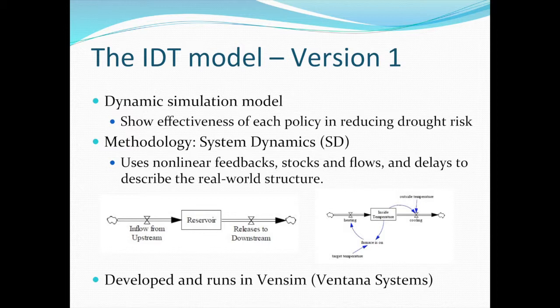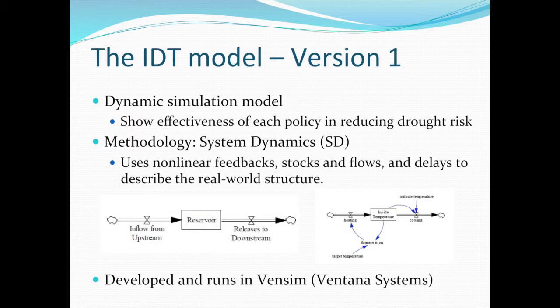If the room is too cold, the heating system is on and the room temperature rises. When it reaches 20 degrees, it's off. So the room temperature affects the heating system, and the heating system also affects the room temperature. I affect you, and you affect me. So there is a loop, actually a feedback. That's the key concept of system dynamics.